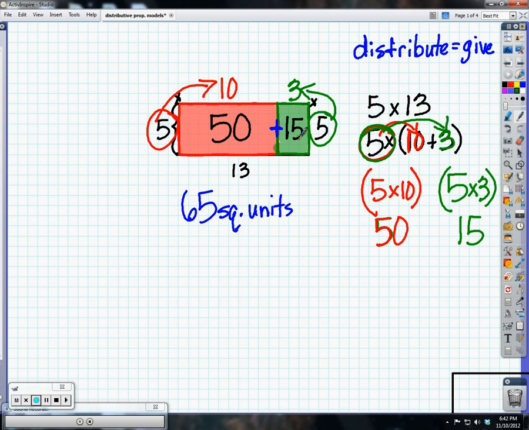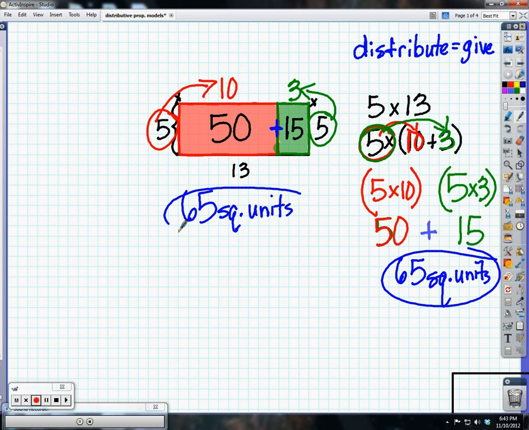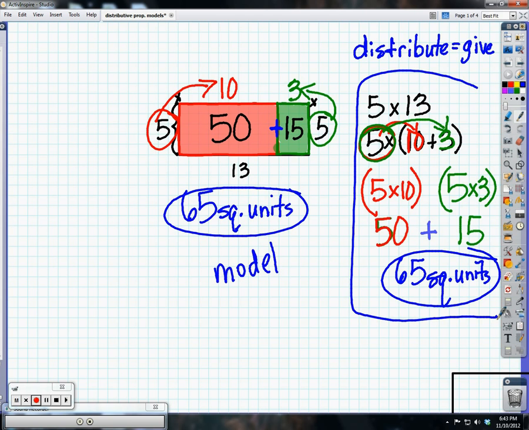Then to get the total amount, we added those 2 rectangles together, the 50 plus the 15, and as a total we had 65 square units. So they match. So this would be the model that would represent why the distributive property actually works.